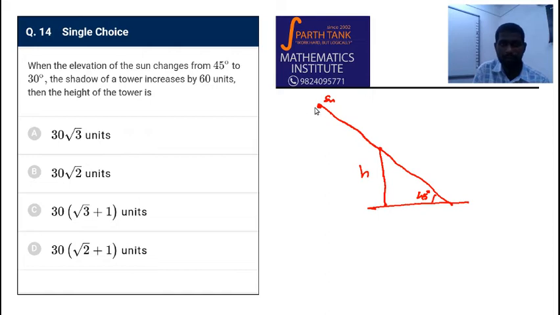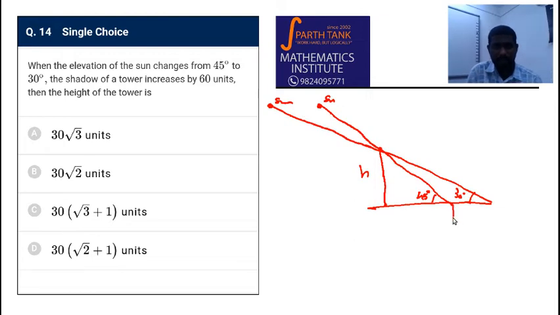When the elevation changes from 45 to 30, it will become a smaller angle. The sun moved here. They've said that the shadow earlier was this much, right? If the building was here, this was the shadow. Now the shadow is so much, and this extra length is 60 units.